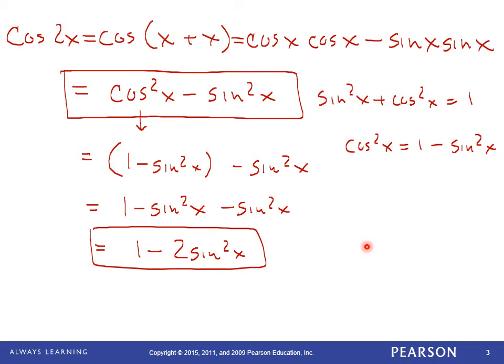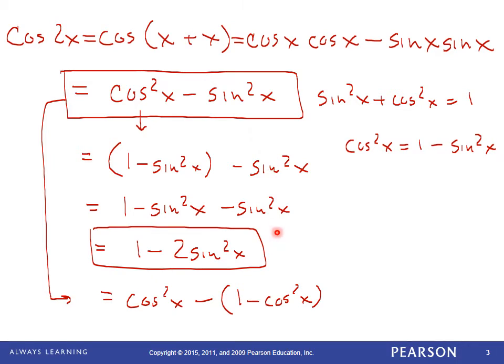All right, how do I do the third formula? Well, I do the exact other way. Instead of substituting cosine squared as 1 minus sine squared x, I'm going to substitute sine squared, and I think you guys can guess what that's going to be. We're going to leave the cosine squared exactly the same, but now we have 1 minus cosine squared of x.